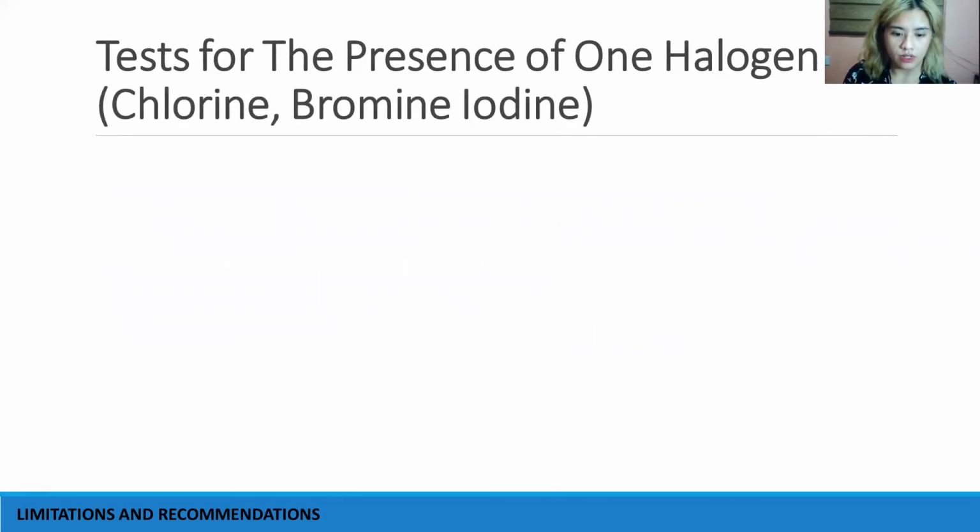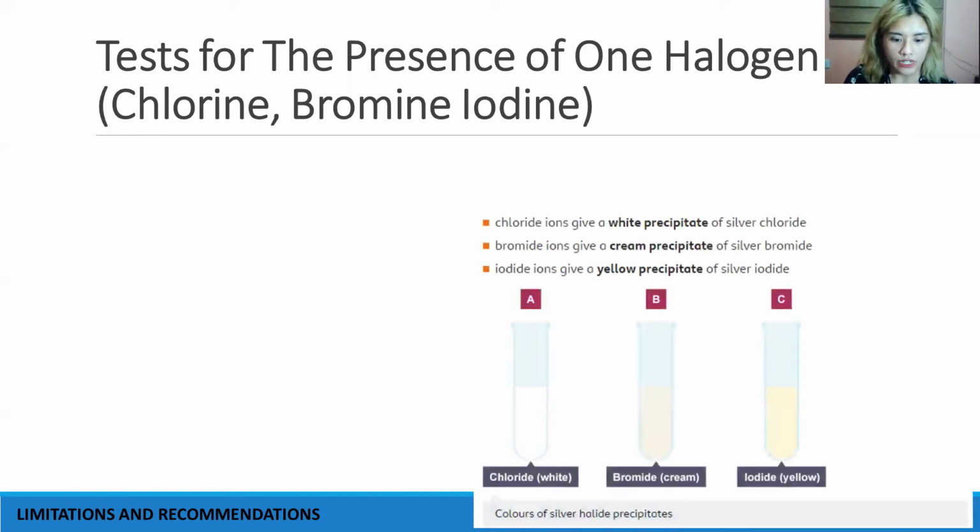For the test for the presence of a halogen, which is chlorine, bromine, or iodine, chloride ions give a white precipitate, bromide ions give a cream precipitate, and iodide ions give a yellow precipitate.